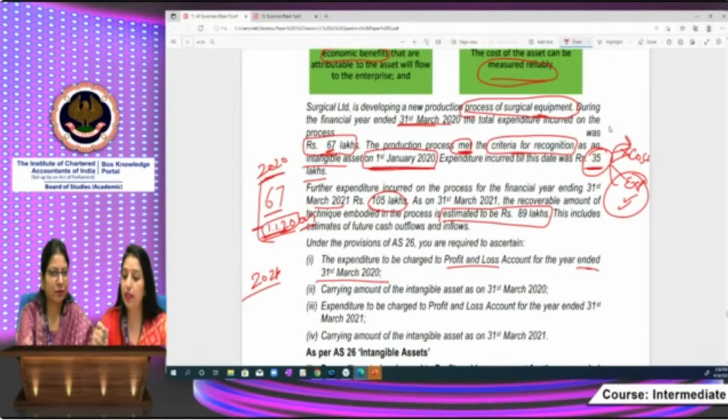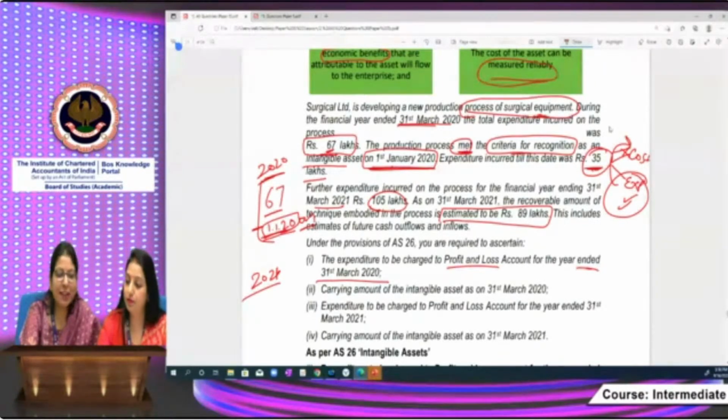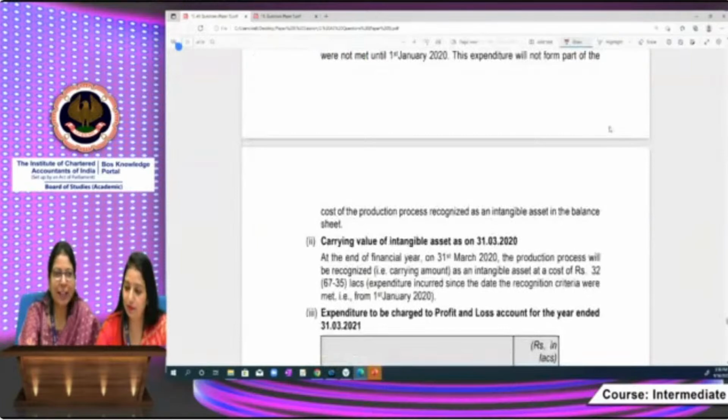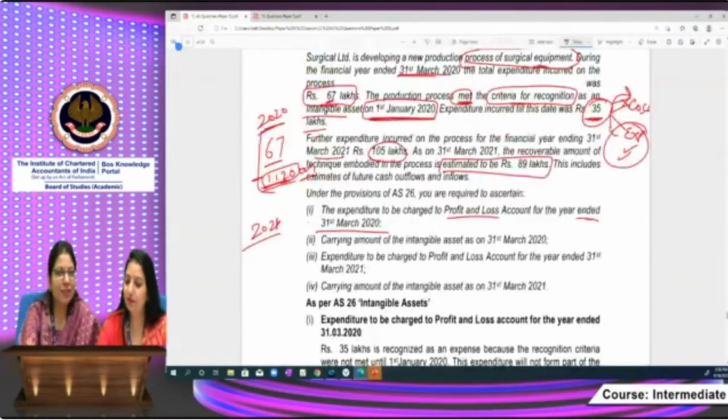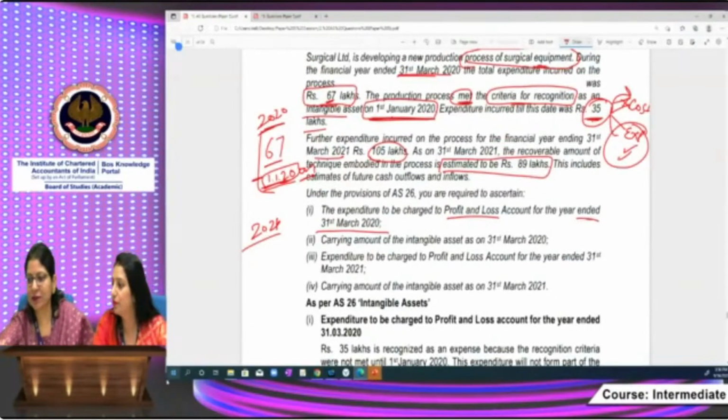They met the criteria on 1st January 20. Till date, expenses were 35 lakh. So please let us know how much you will charge to expenses and how much will be part of the cost of the asset. First part is very simple. By just reading the question we had answered, but still let's wait for some more answers.